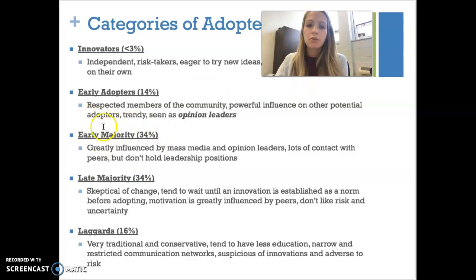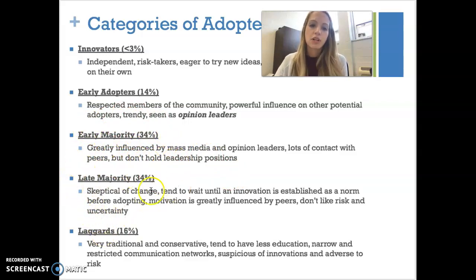Then you have your early majority here, 34%, greatly influenced by the mass media and those opinion leaders. So if those opinion leaders are doing it, then these early majority individuals are hopping on board. They need lots of contact with peers, but they don't hold many leadership positions because they're kind of the followers, but they're still early on the adoption process.